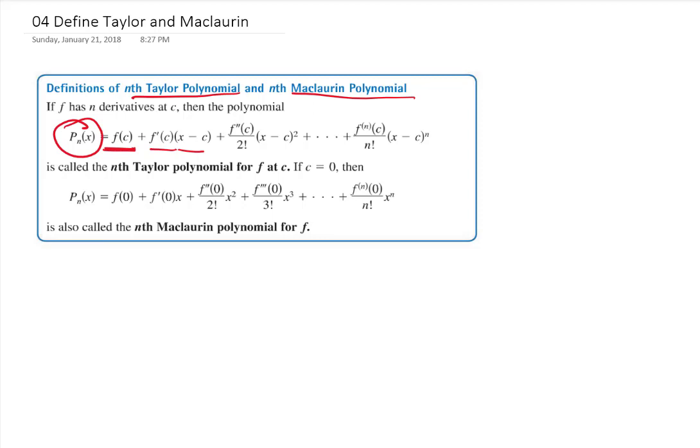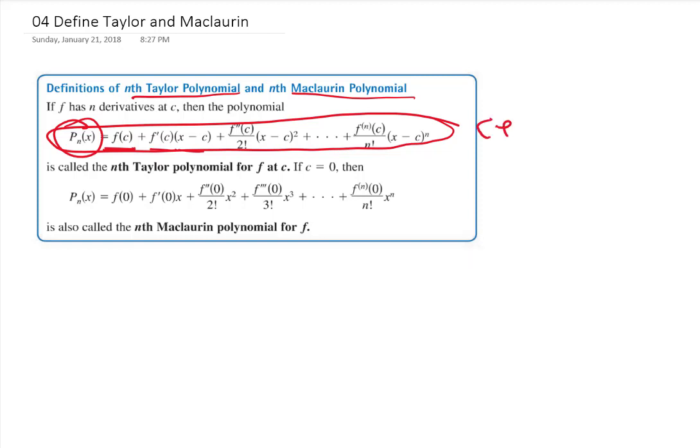It'd be the third derivative over 3 factorial times x minus c cubed. If you can write that polynomial out, it is called a Taylor polynomial, and it's said to be centered at c. So c would be something that you already know.